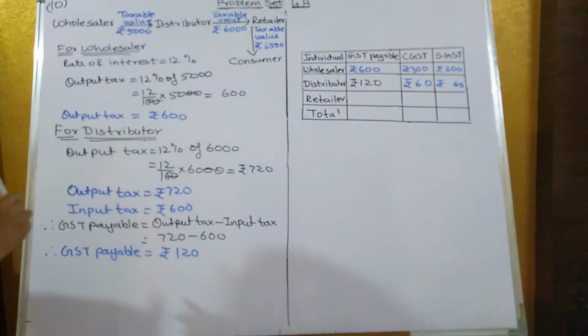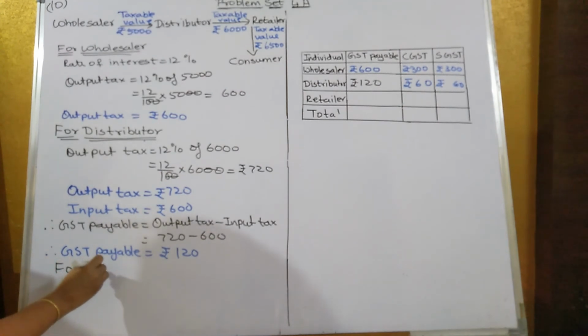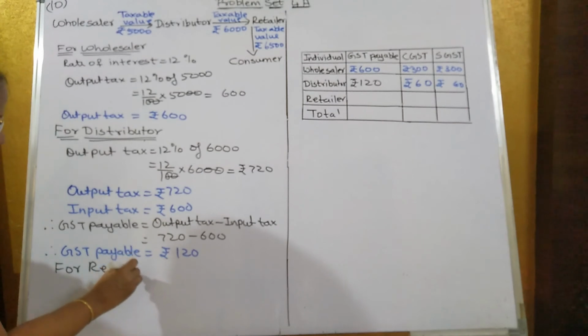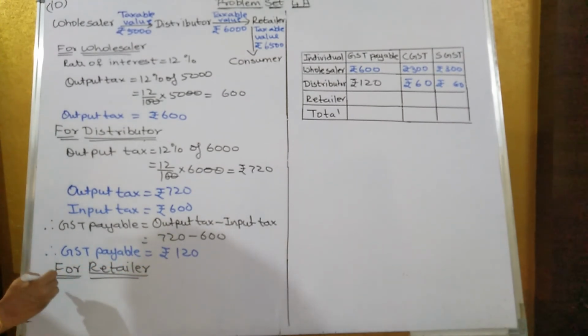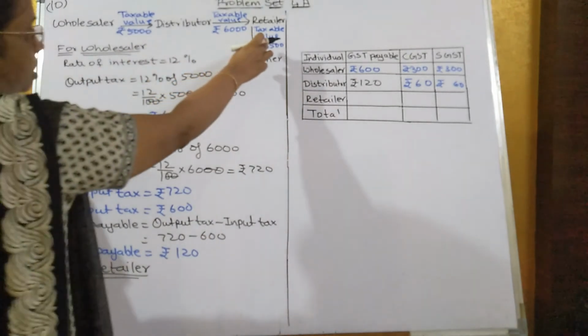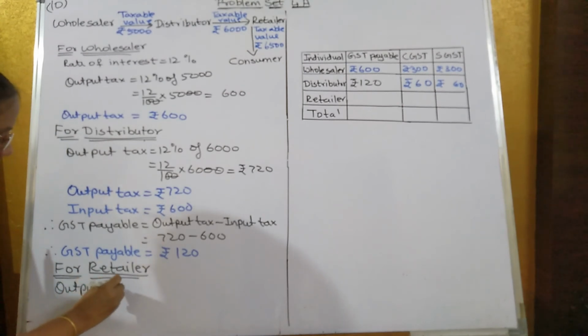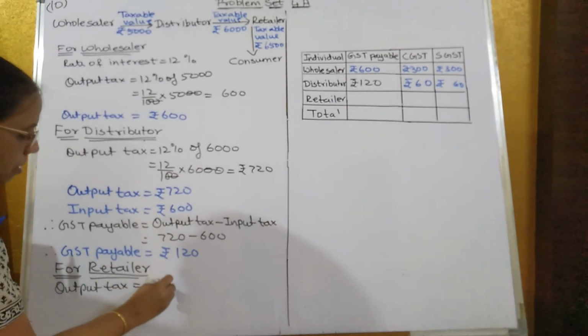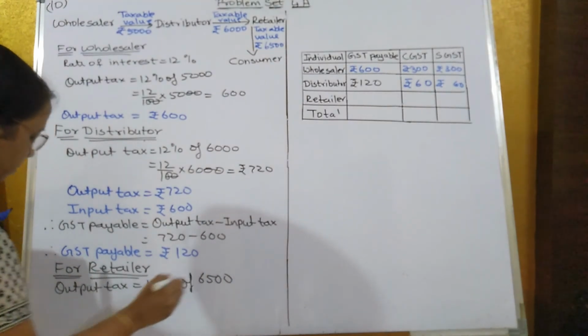Now next is for retailer. What is for retailer? Sold it at 6,500 and the GST rate is 12% only. So output tax is equal to 12% of 6,500.